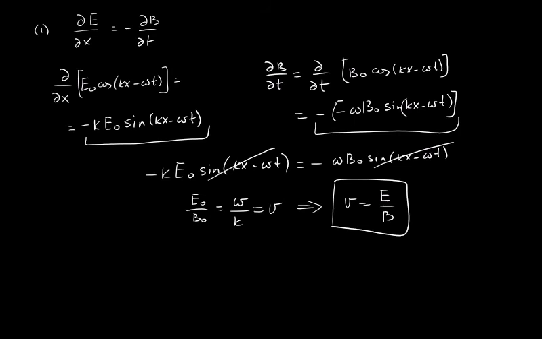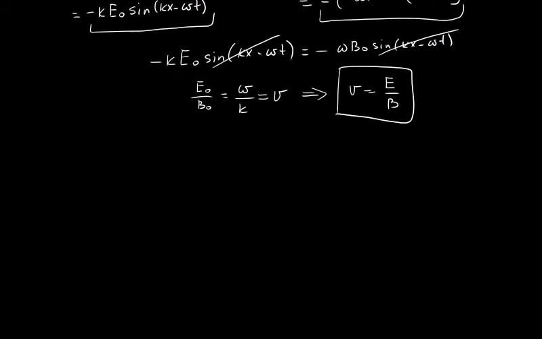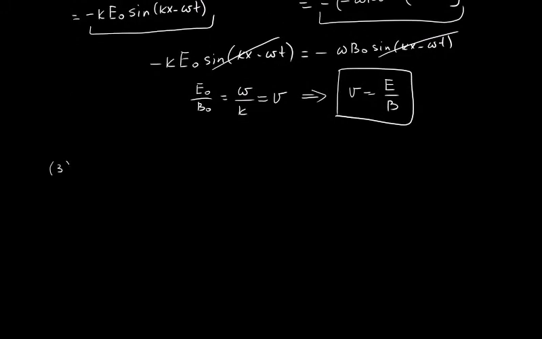Now let's go back to equation 3, which was dB/dx equals negative mu naught epsilon naught dE/dt.